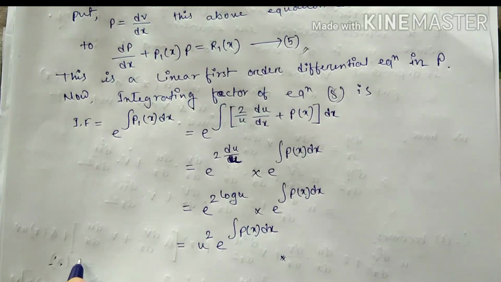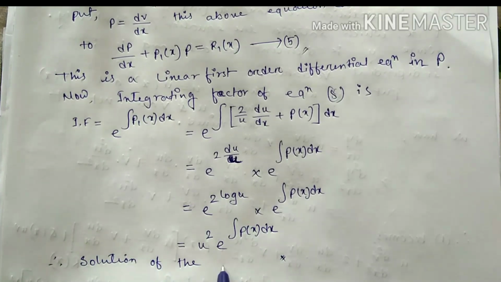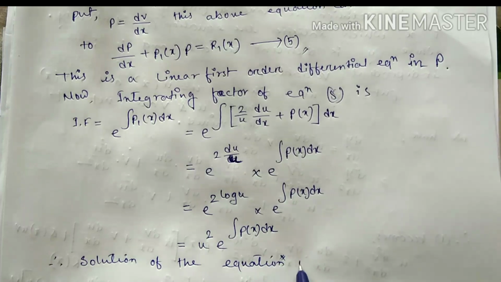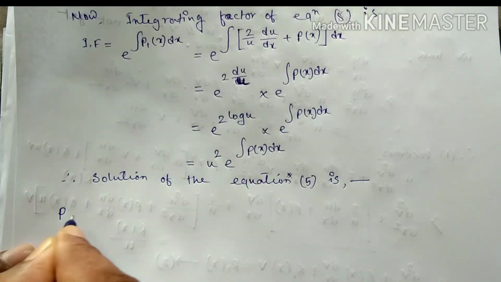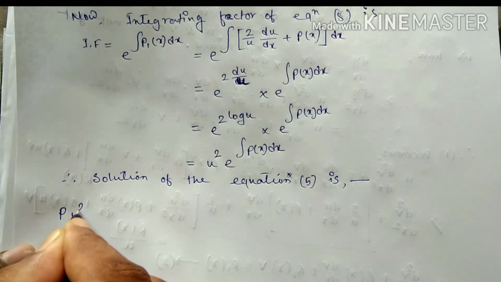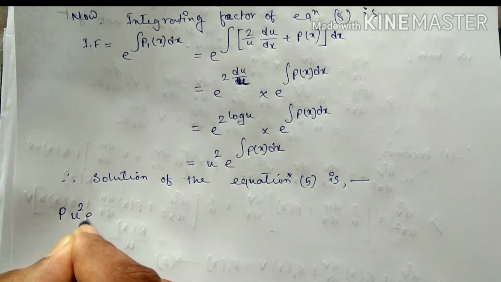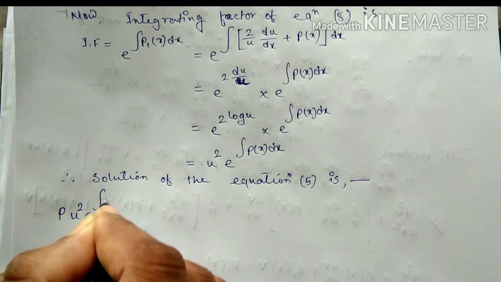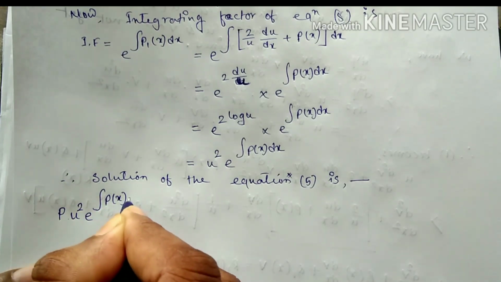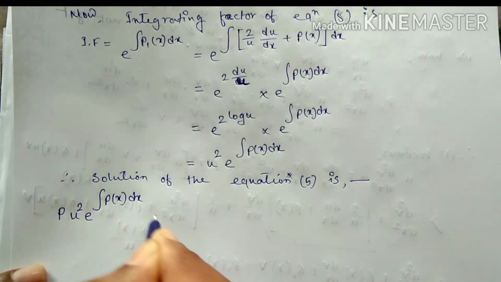Therefore, solution of the equation 5 is v into u square e to the power integration p of x dx.